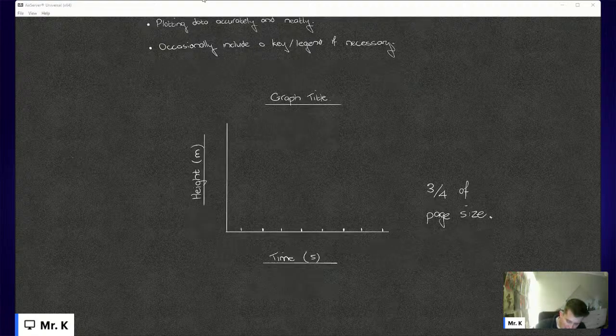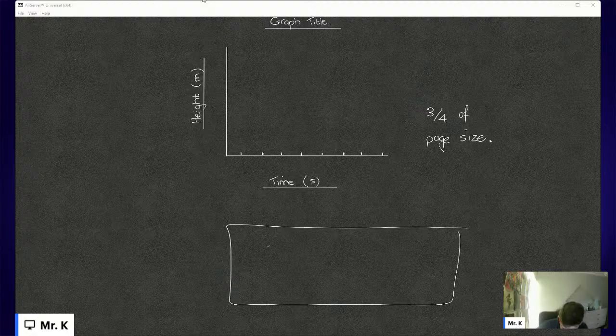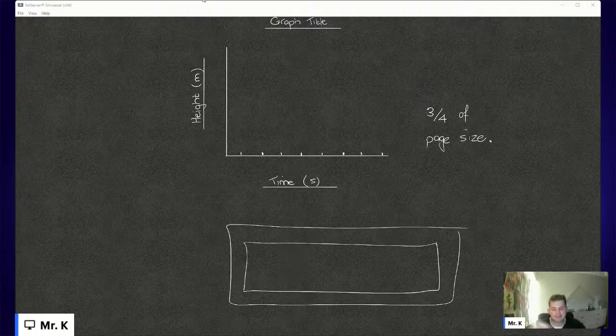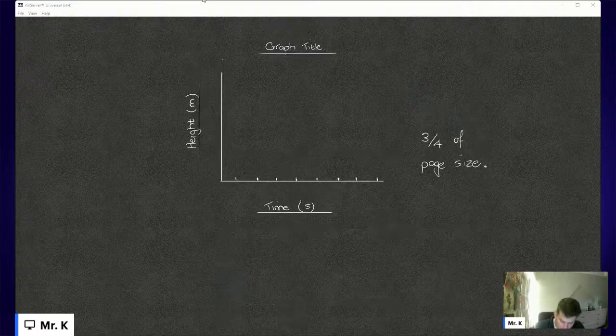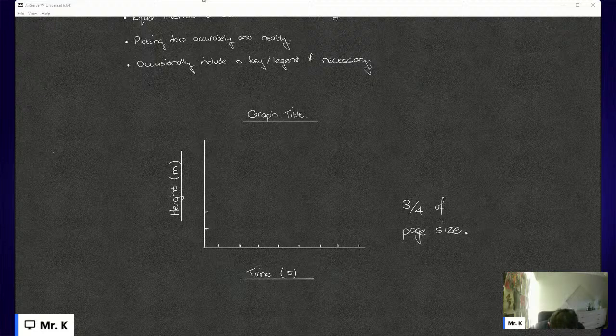You don't want to have an entire page of information like this that you can draw your graph on, and you just end up drawing a little teeny graph over here, right? Guys, if you have the space to draw a graph out and expand it visually, use that to your advantage. Okay. So we are going to have equal intervals. Very important.